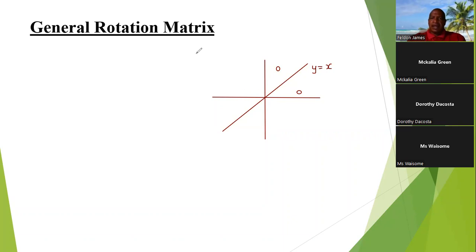Now for the other line, where we have a reflection in the line y equal minus x, that line runs this way, and it is at 90 degrees to the y-axis and the x-axis. Sorry, I shouldn't say 90 degrees, I mean 45 degrees.